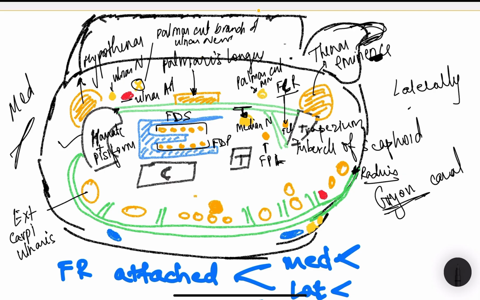All right, because it's on the ulnar side, it's called extensor carpi ulnaris, as simple as that. Then we've got the extensor digiti minimi. Simple. All right.